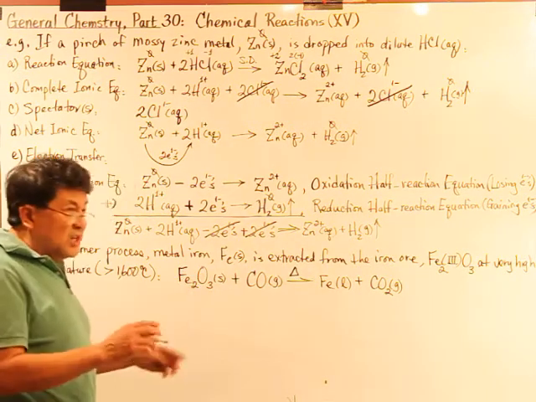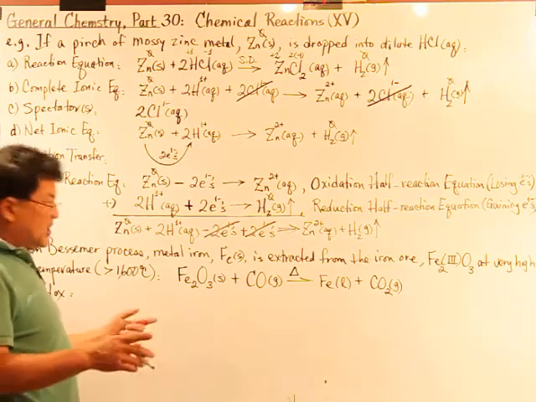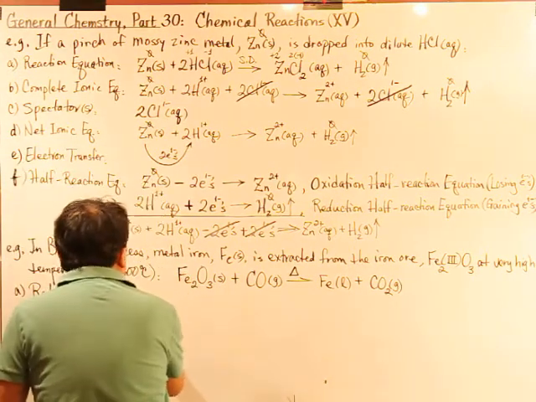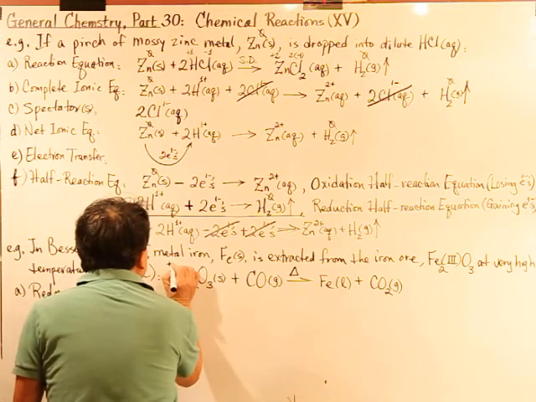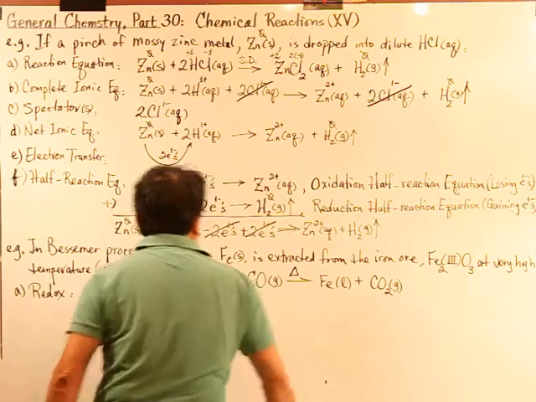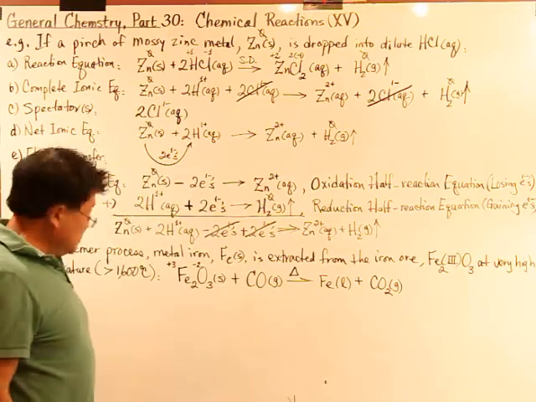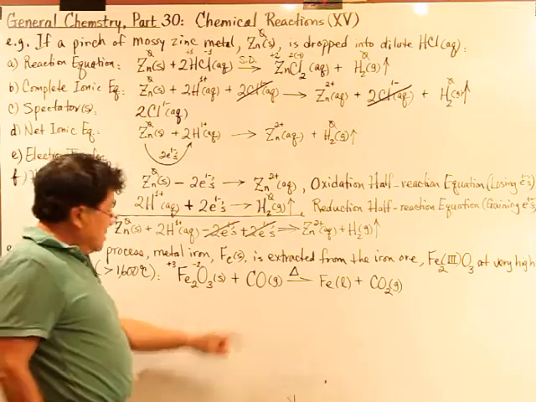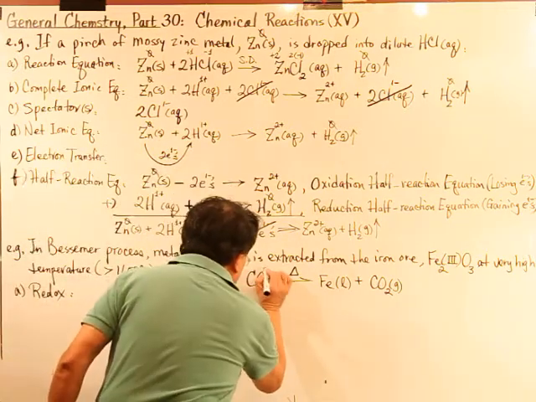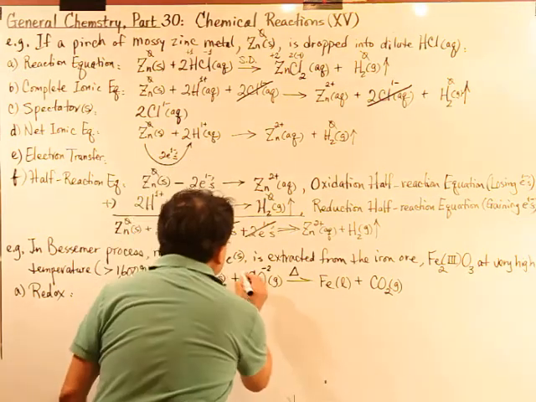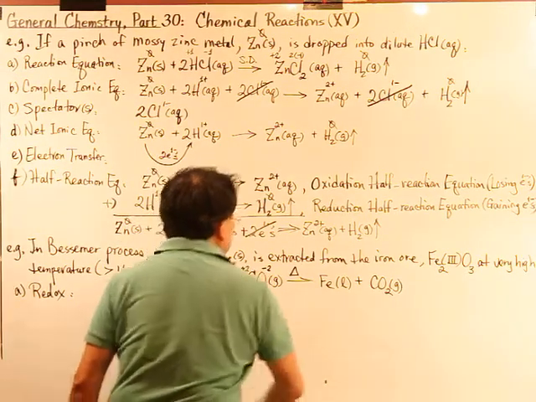So they have a least common multiple of 6. So Fe is iron +3, oxygen is -2. That makes it neutral, because of the 2 and 3 right here. And in carbon monoxide, oxygen is -2 again, and the carbon has got to be +2.